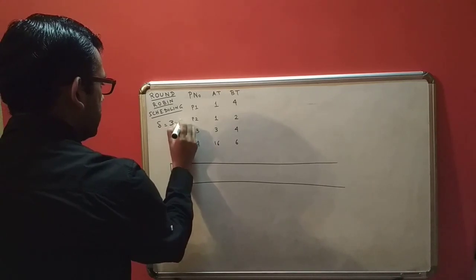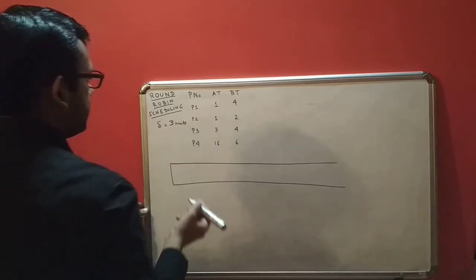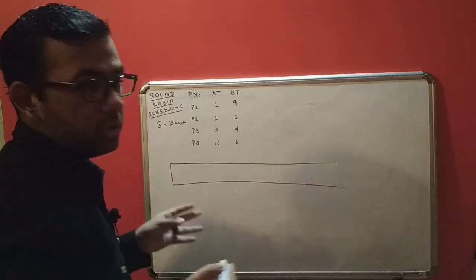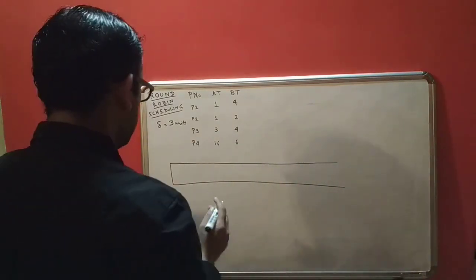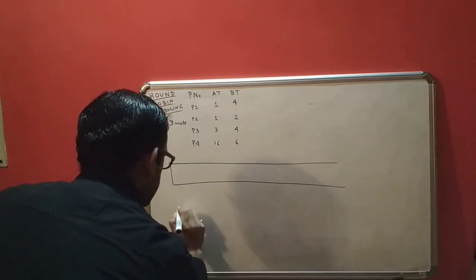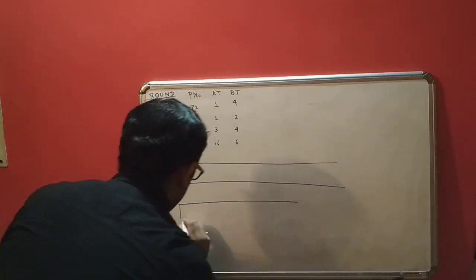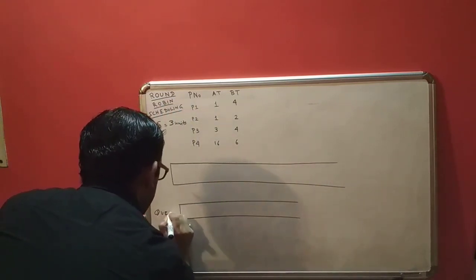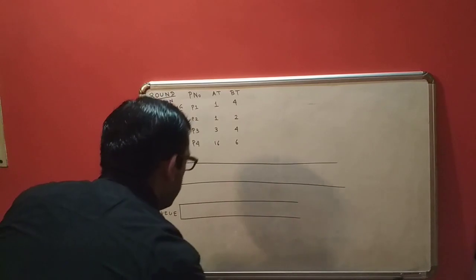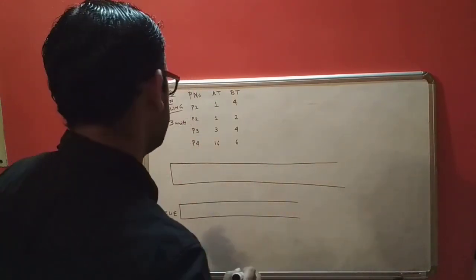Now, in round robin scheduling, we also have to maintain a queue data structure. So this is my NAT chart and this is the queue that I'll be maintaining. Why do I need the queue and how it will be used? I'll explain along the way as I solve this question.